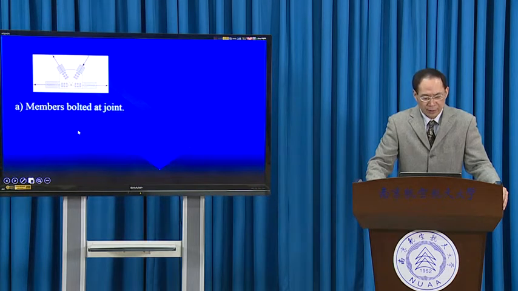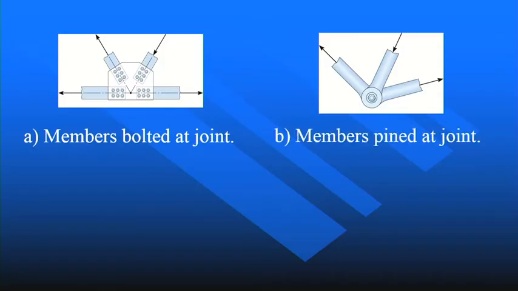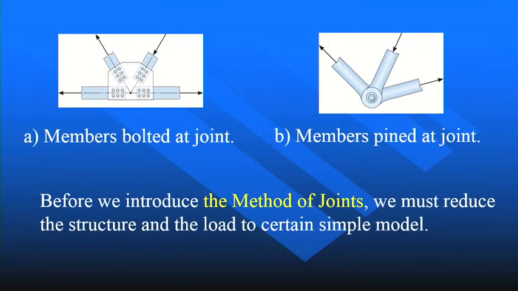First, form A, members bolted at the joint. B, members pinned at the joint. Before we introduce the method of joints, we must reduce the structure and the load to a certain simple model.